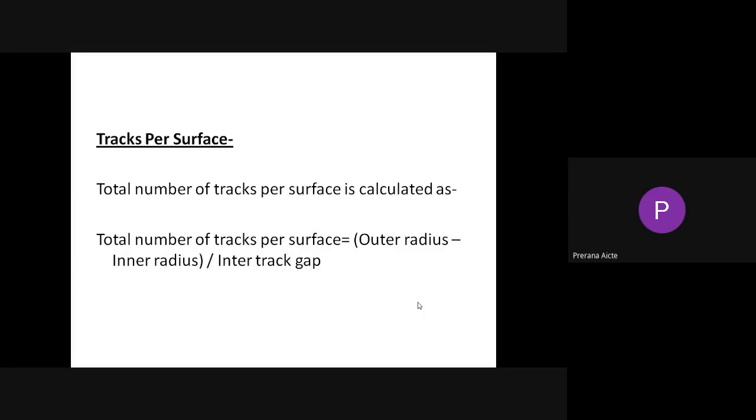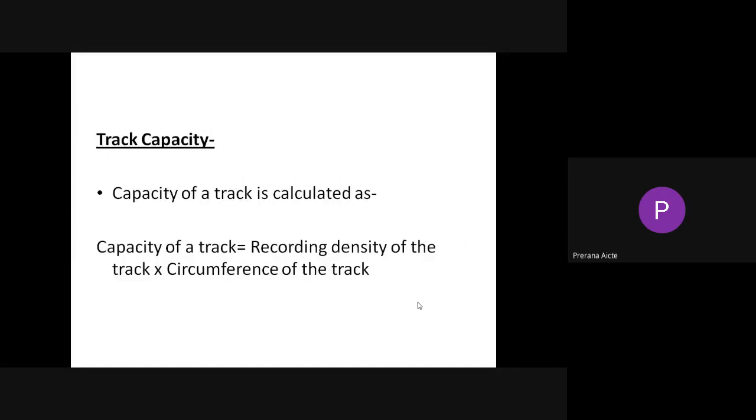The total number of tracks per surface is calculated as outer radius minus inner radius divided by inner track gap. So these are the disk performance metrics.